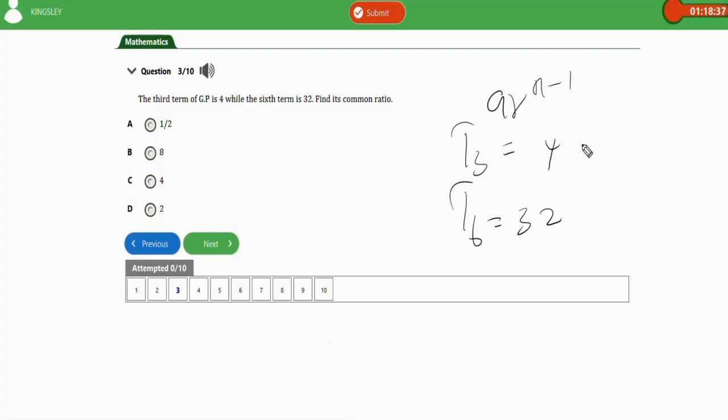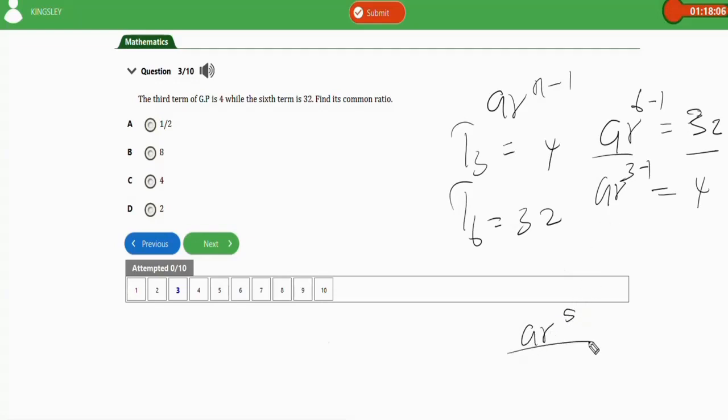To solve this, we have ar^(6-1) equals 32, over ar^(3-1) equals 4. When you break this down, you have ar^5 over ar^2 equals 32 over 4.